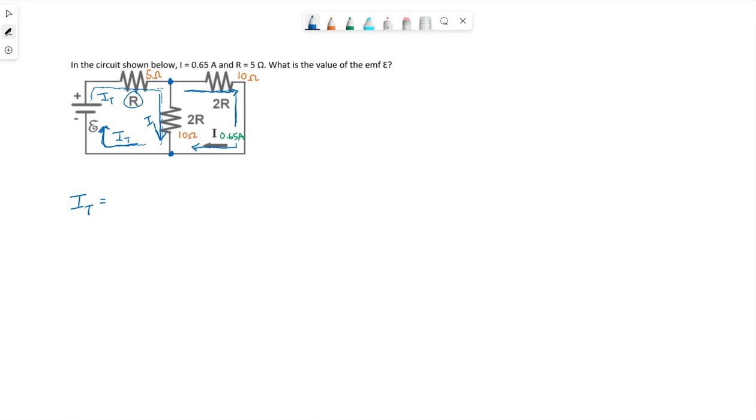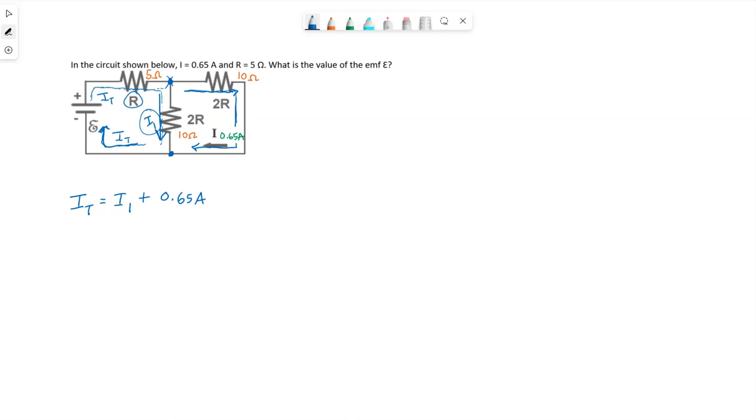So we can write an equation that describes what's happening to the current at that junction. The total current's coming into this top junction. It continues on as what I called I1 and as I, this 0.65 amps. So we have a relationship between I1 and the 0.65.